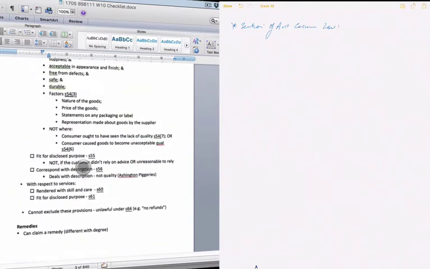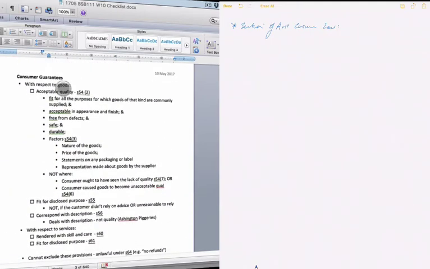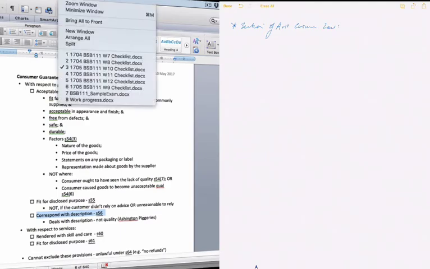Is it a fit for disclosed purpose problem? Well, he didn't actually tell Computers Online what he was going to use it for, so I don't think it's that. Look at this one: correspond with description. He was careful to read the description of the goods. The tablet cost $650 and the website clearly indicated it had 4G.